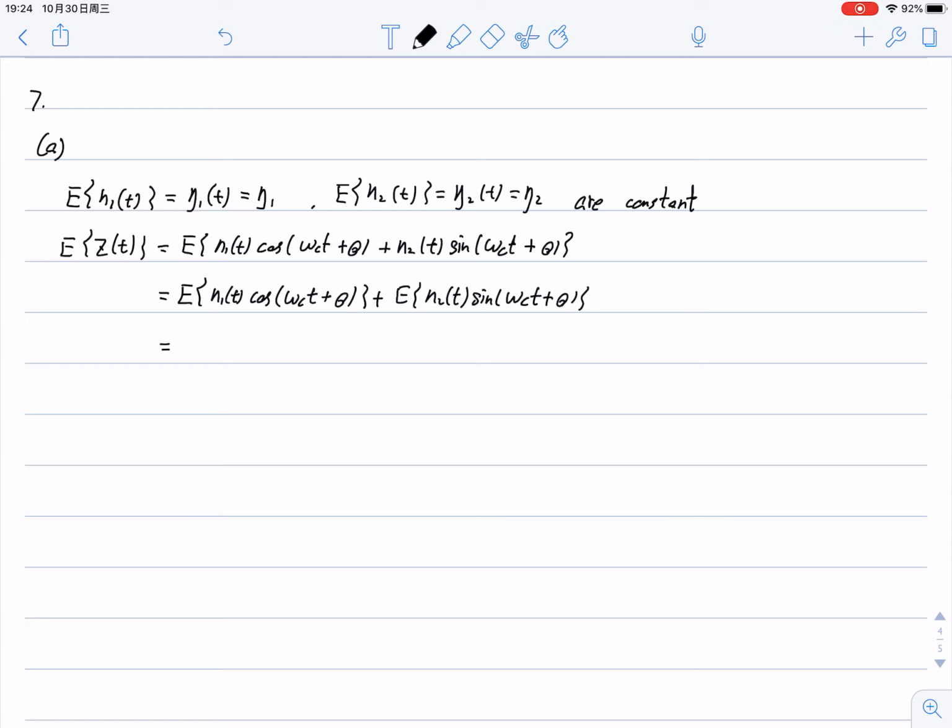It equals E[N1(t)] times E[cosine(ωc t + θ)] plus E[N2(t)] times E[sine(ωc t + θ)].